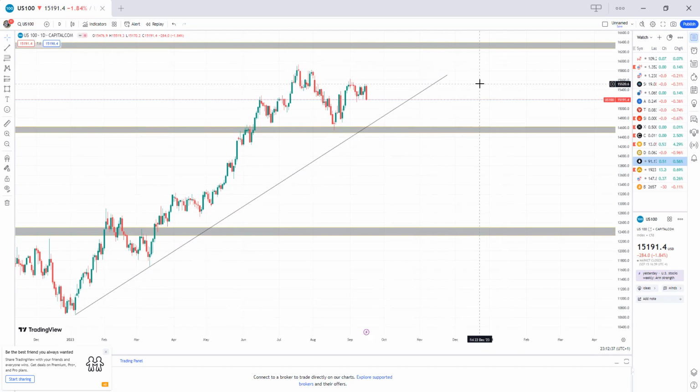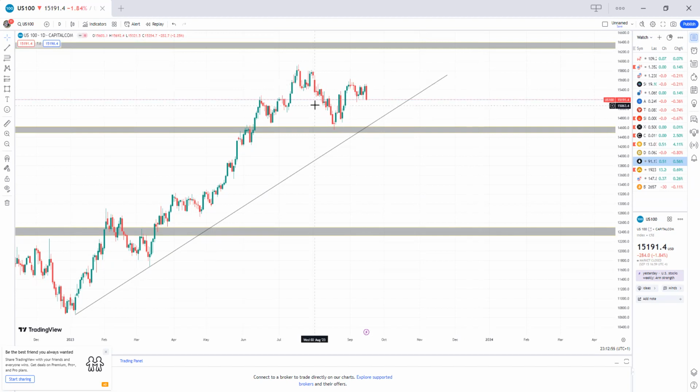Good, very clear scenario. I think you can see price is coming down to that trend line to give it a trend line touch. Then we can see a big push to the upside.